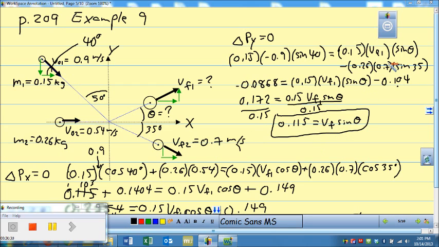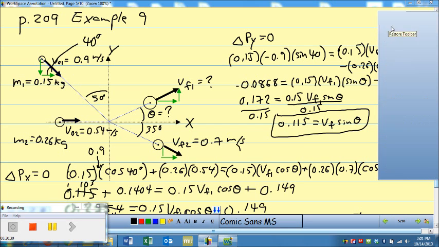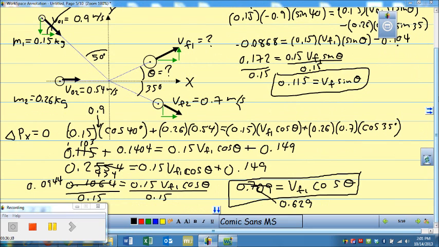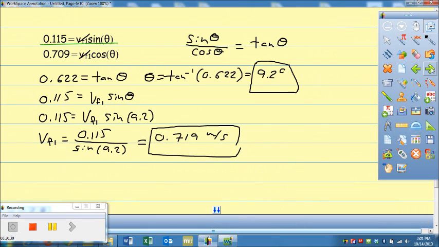So that's okay. So let's go back here, and let's just remember for a second, 0.629 is where we're trying to go with x. So that means that this here is 0.629.